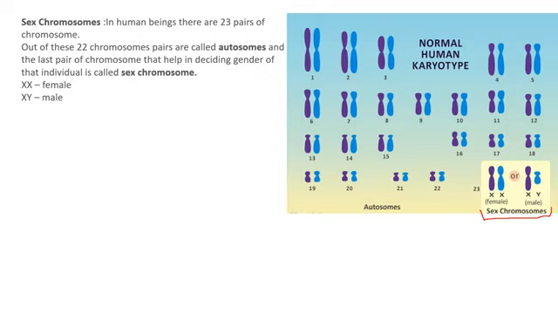This is a karyotype of a human being. Out of these, 22 pairs of chromosomes are called autosomes, and the last pair is known as the sex chromosomes, right? If a person has XX chromosomes, then she will be a female, and if he has XY chromosomes, definitely he will be a male.